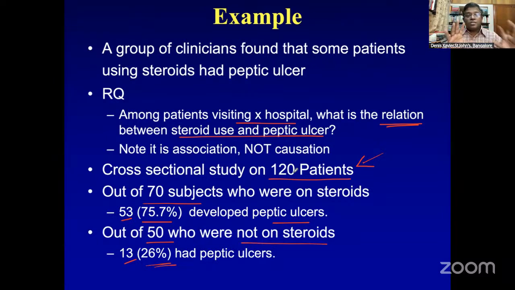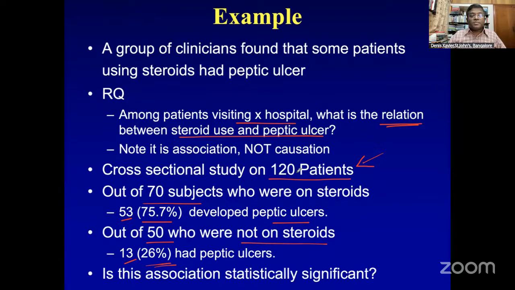So this is the scenario. If none of those who did not take steroids had peptic ulcer, that is a different situation. But this is clinical medicine, and this is what we see in our hospitals. Now, clearly 76% and 26%, a 3 times difference.